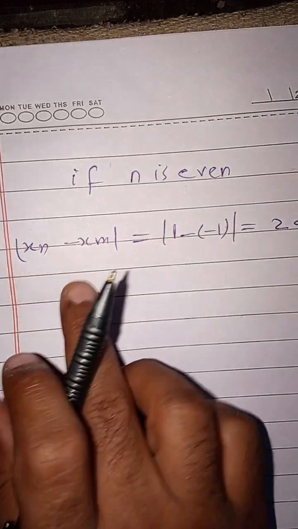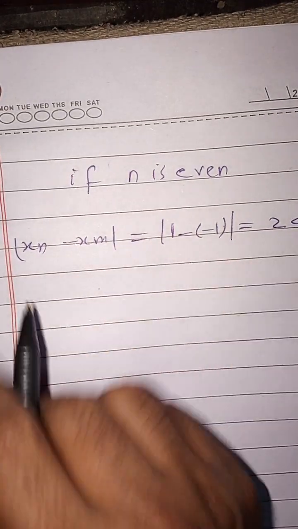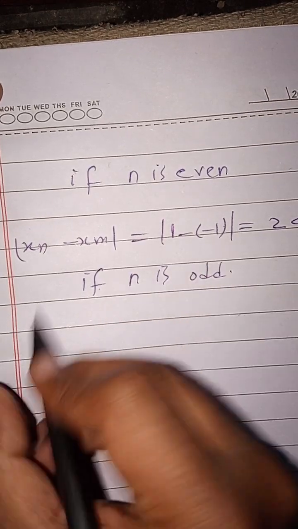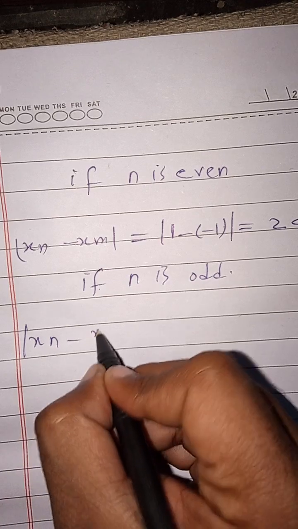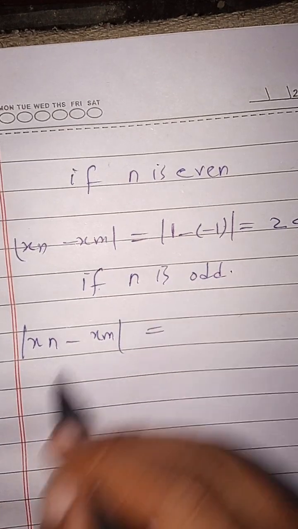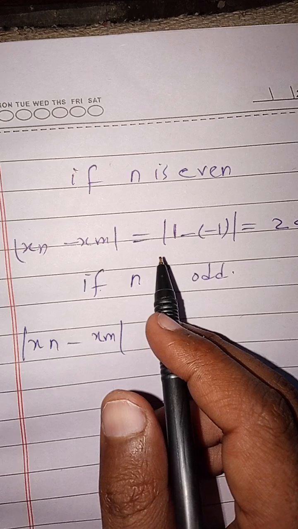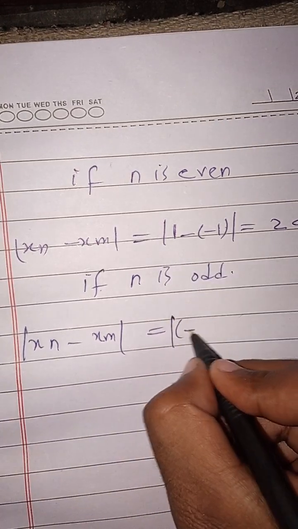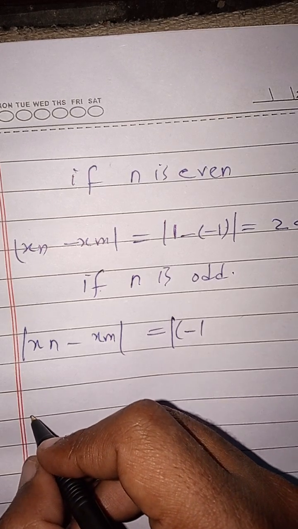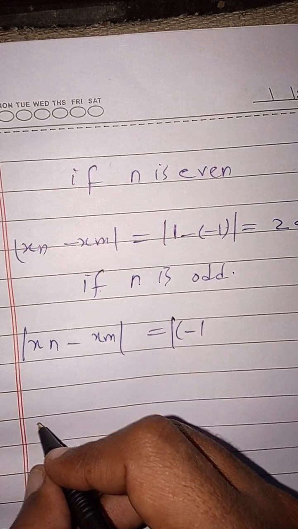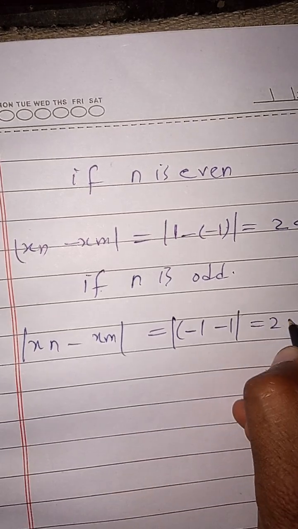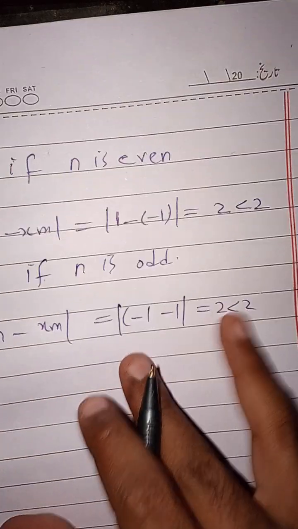So it is now giving xn minus xm equal to 2. If n is odd, then xn minus xm is equal to minus 1 and 1 like that. Then this will again be 2, and 2 is never less than 2.